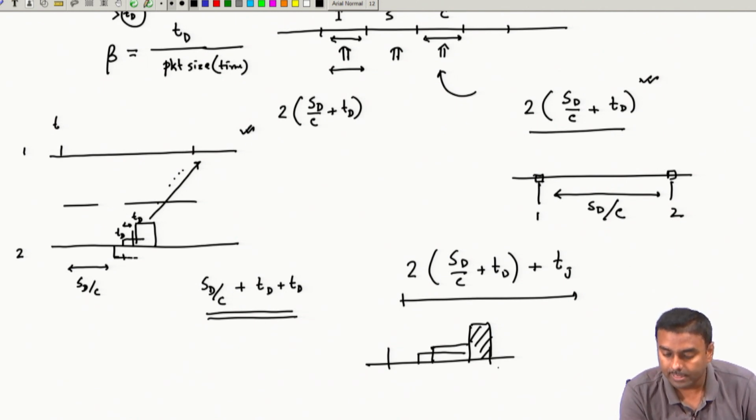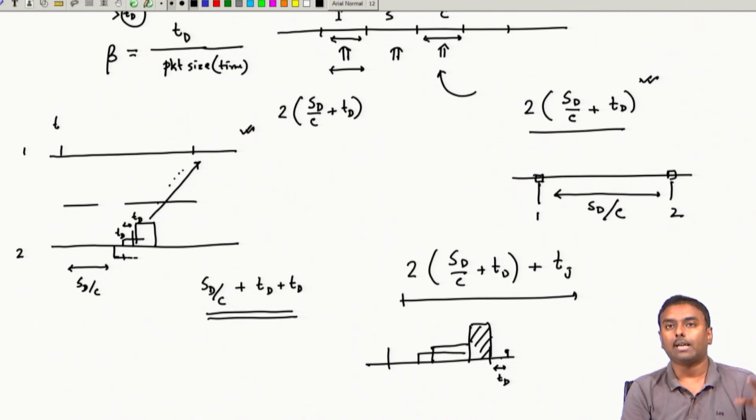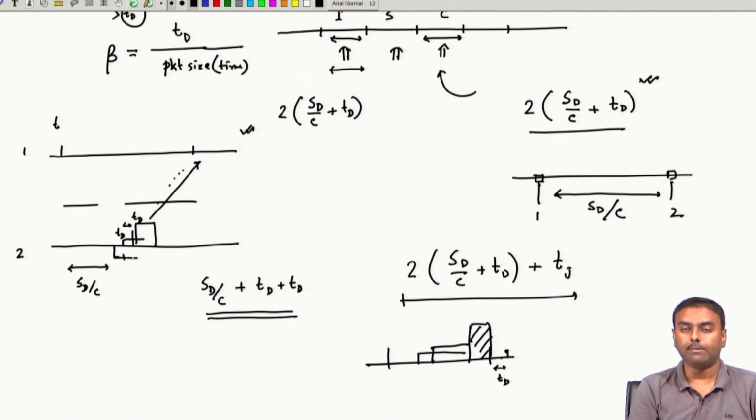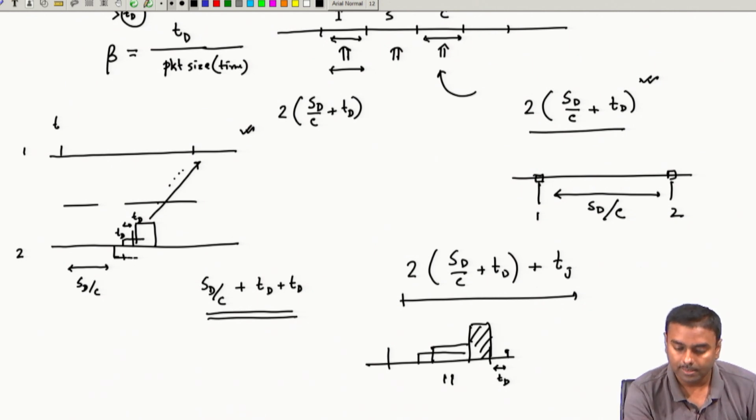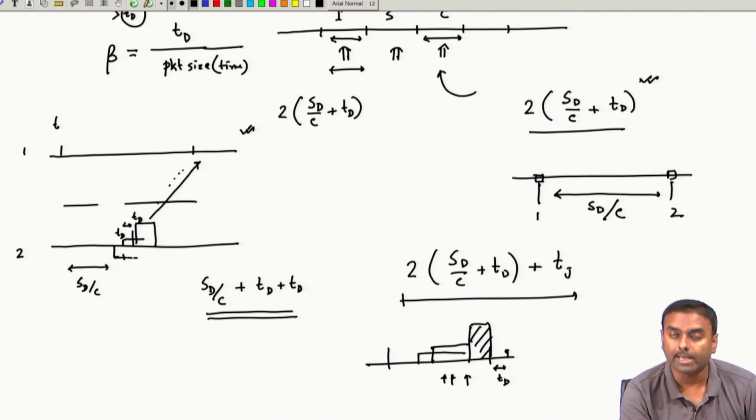After this, everybody will wait for TD and then attempt, depending on the kind of protocol we have already described, our slotted ALOHA or stabilized slotted ALOHA. All backlog nodes will try with some probability, and the new nodes with whatever transmission they have received can also try with some probability.